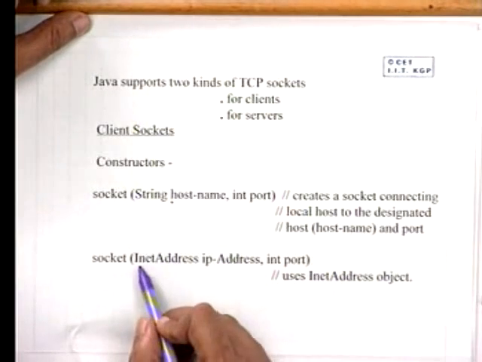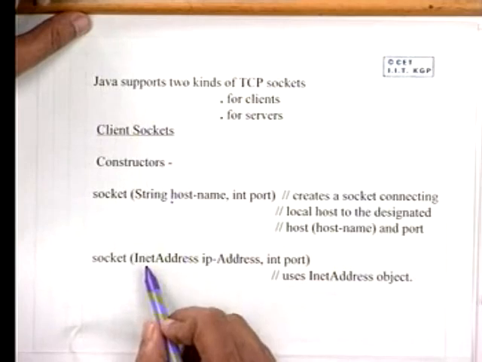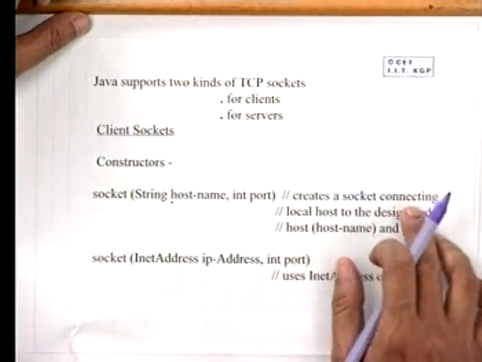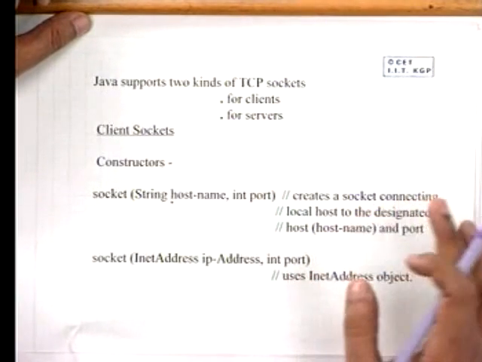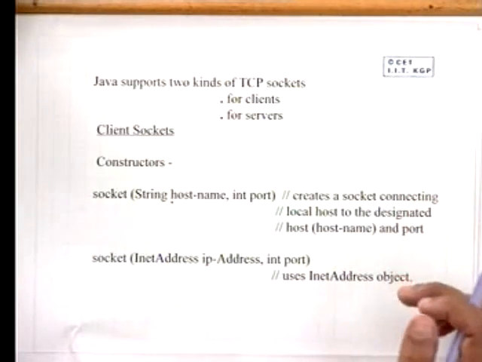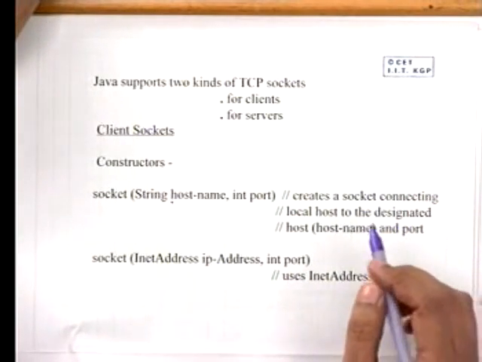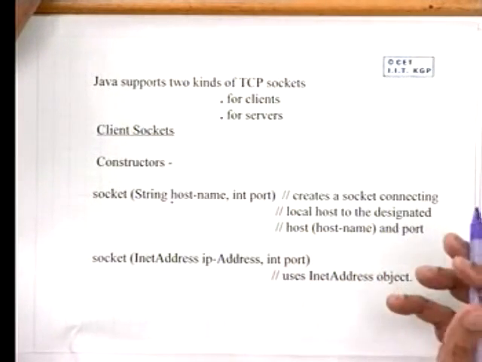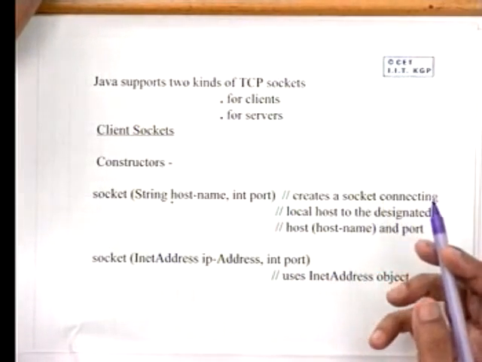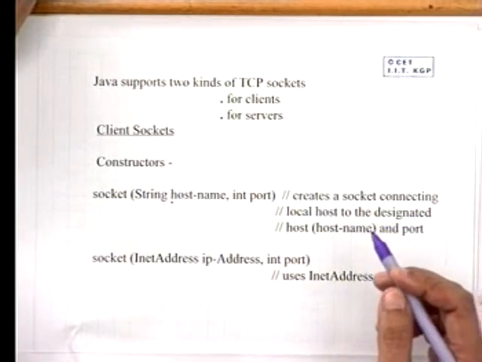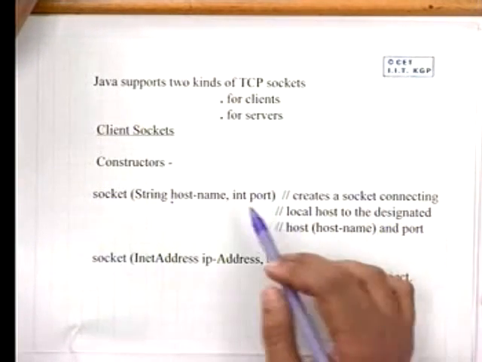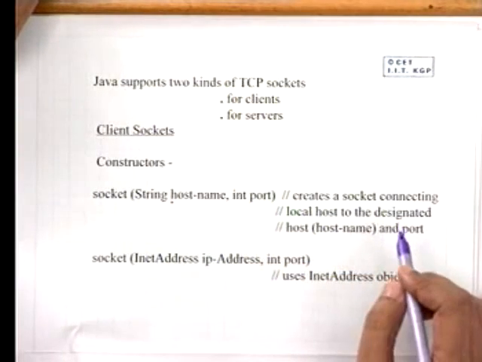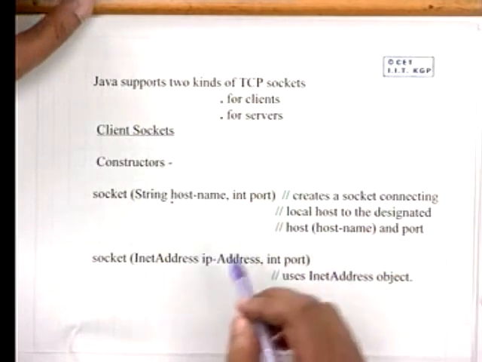Here the local host is one machine, and the host name is another machine for which the address is known, and the port is the port which connects.